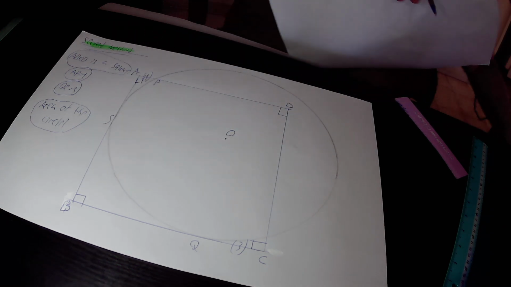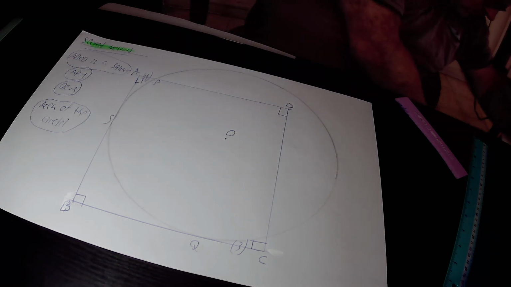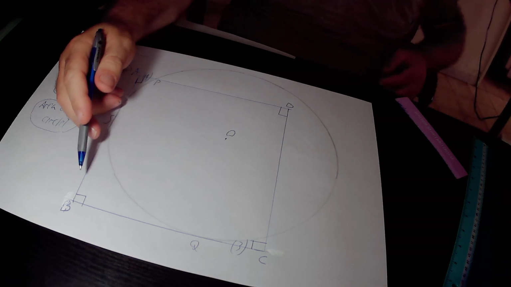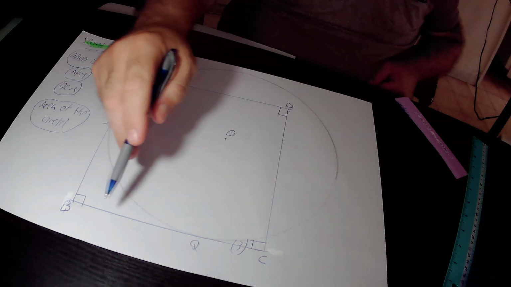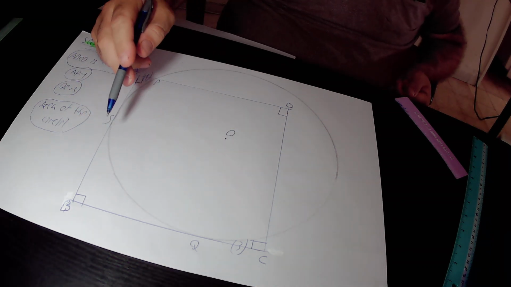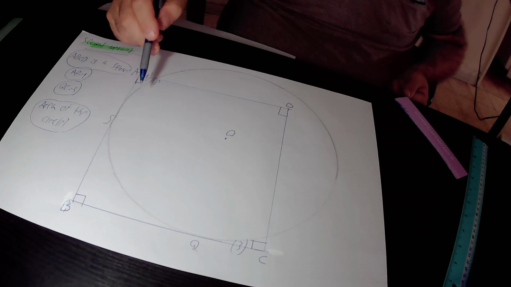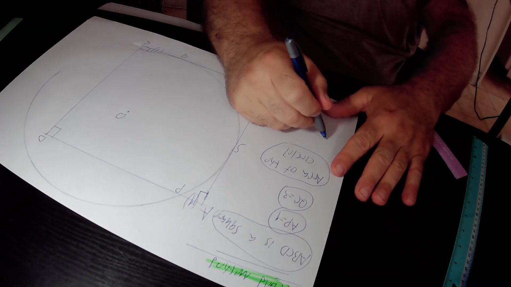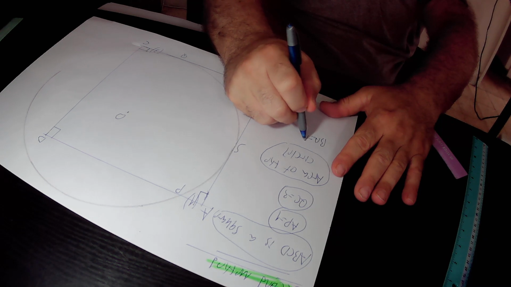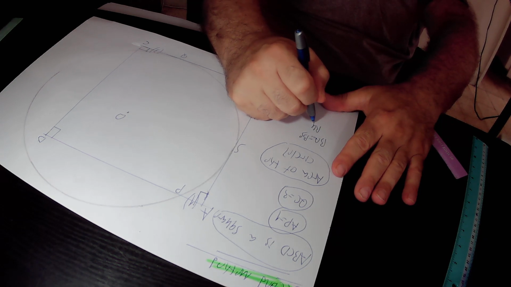So as I mentioned before, if we focus on this common standpoint, point B, we have 2 tangents to this circle, tangent BQ and tangent BS. And according to rule 2, they are equal to each other. That is to say, BQ equals BS according to rule 2. So I write it down. BQ equals BS according to rule 2.